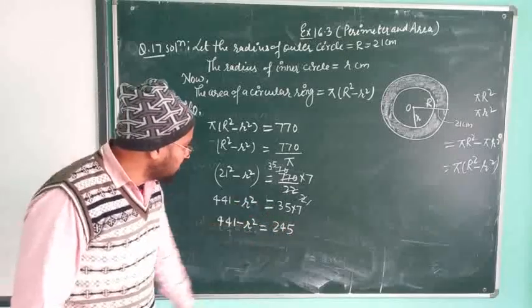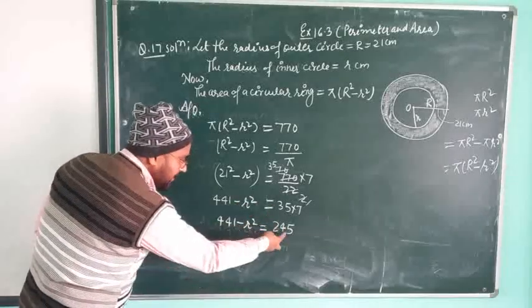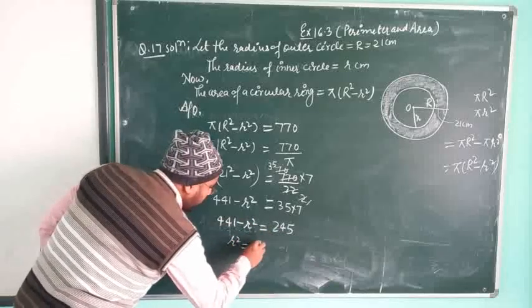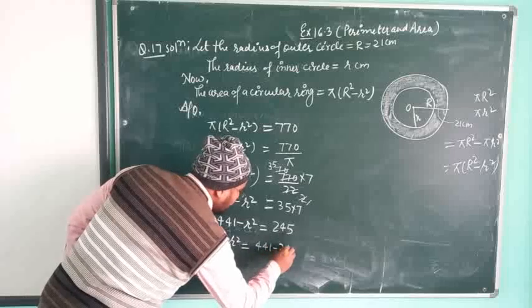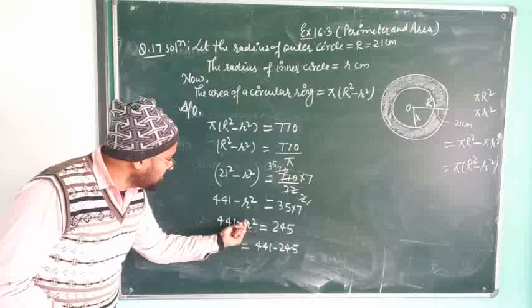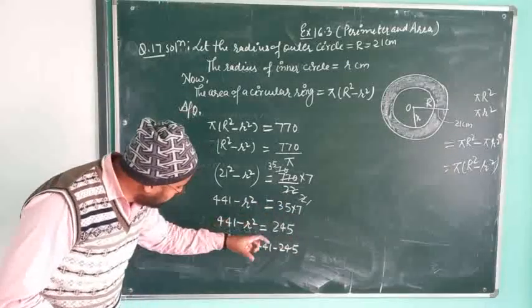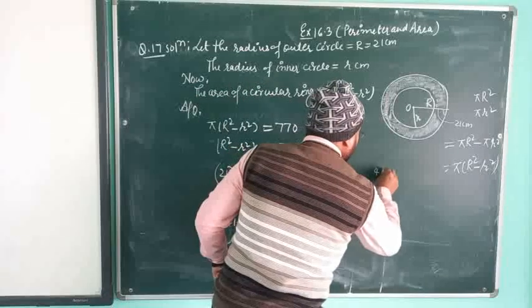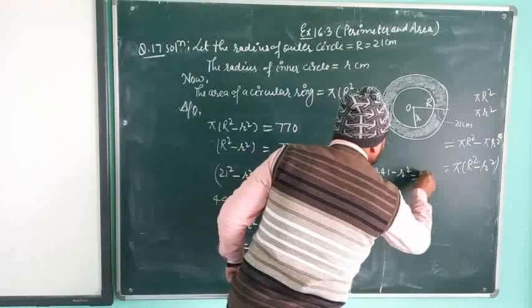Now I am going to transpose this r square to that side and 245 to this side. That means r square is equal to 441 minus 245. You can do this one, it is easy for you. I have written it to this side: 441 minus r square is equal to 245.